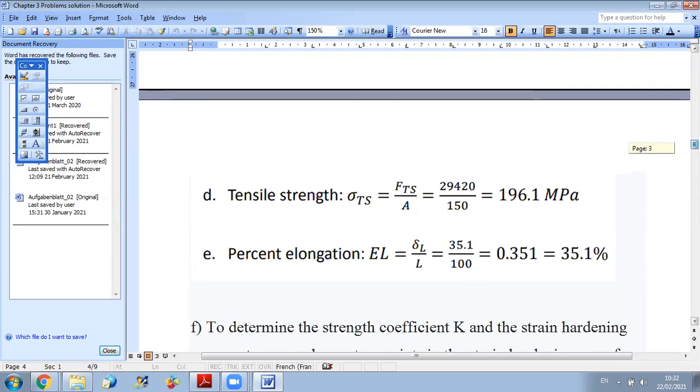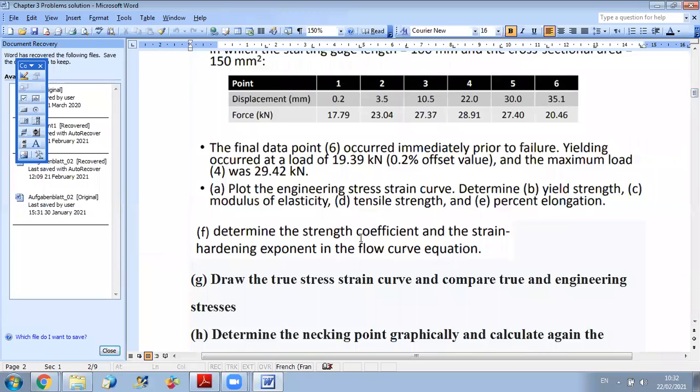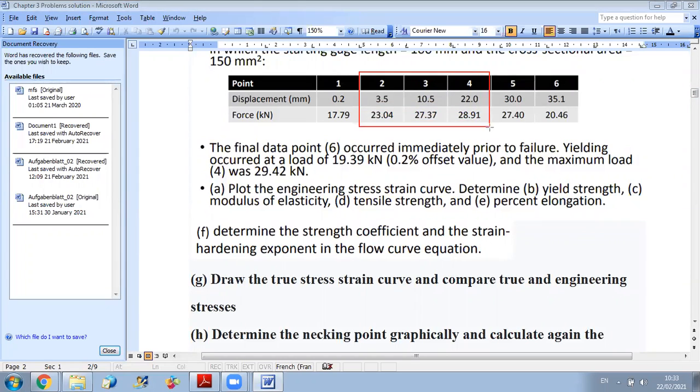Now, next question is to find the strength coefficient and the strain hardening exponent in the flow curve equation. So as we said before, when we did the analysis, we said that these 3 points are in the strain hardening zone.